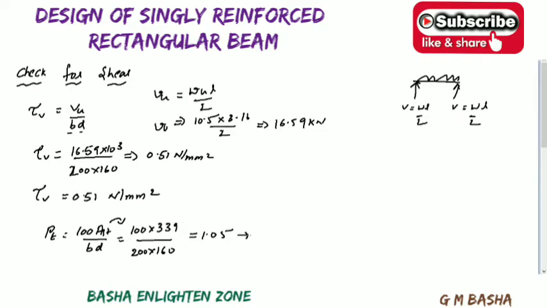Based on this, you have to read out the tau c value in table number 19, which is on page number 73 in your IS book. Please read out this tau c value for M20 grade concrete. The percentage will be 1.05.